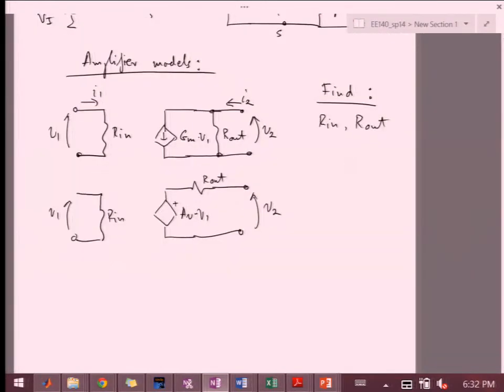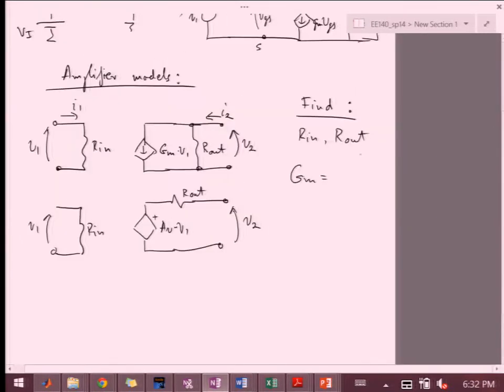And then also Gm, and I'll define Gm from here as I2 divided by V1 when V2 equals 0.